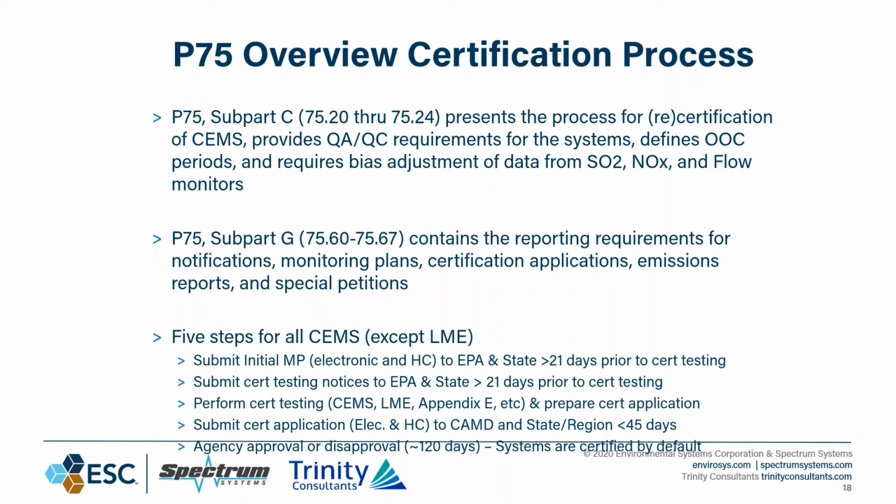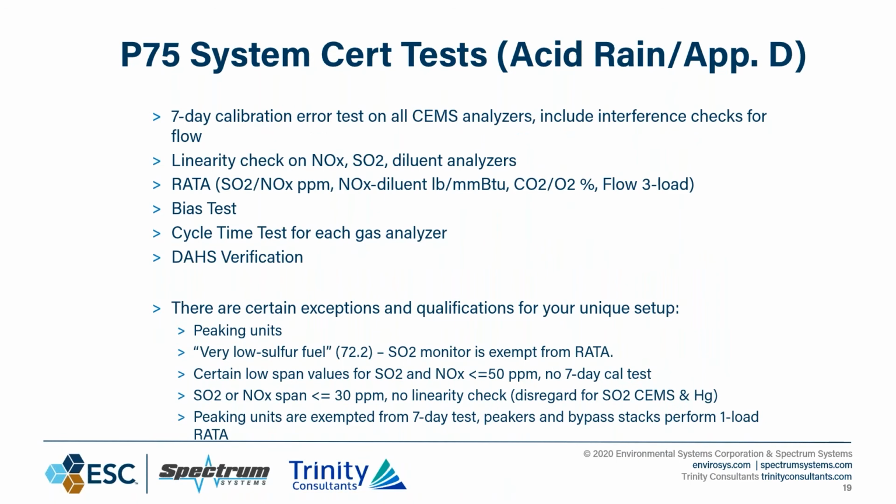Now, one thing folks here might want to consider is that if you're planning on using something like a Coriolis meter for flow, for fuel flow especially, then you may have to submit a petition to the EPA well in advance of these steps in order to get approval.